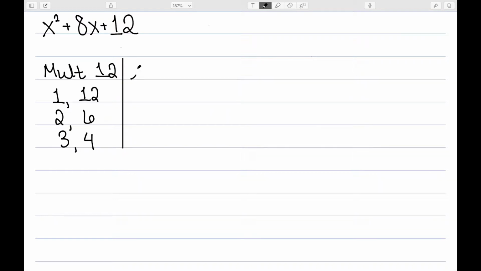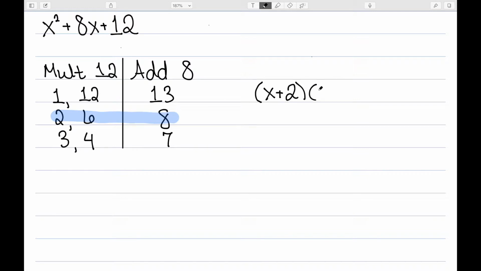On the other hand, we need it to add to give us the 8 in front of the x. 1 plus 12 is 13. 2 plus 6 is 8, and 3 plus 4 is 7. So we found the appropriate values here, 2 and 6. So our factored form is x plus 2, x plus 6.